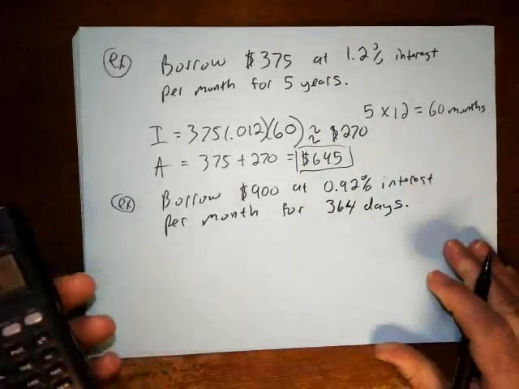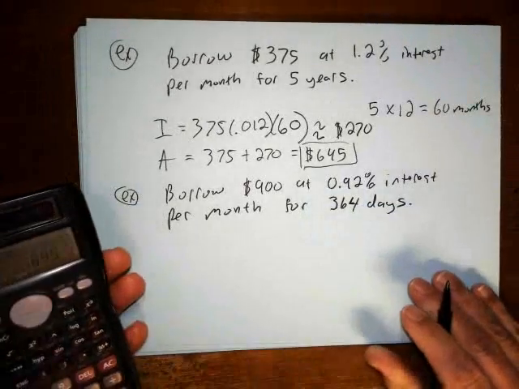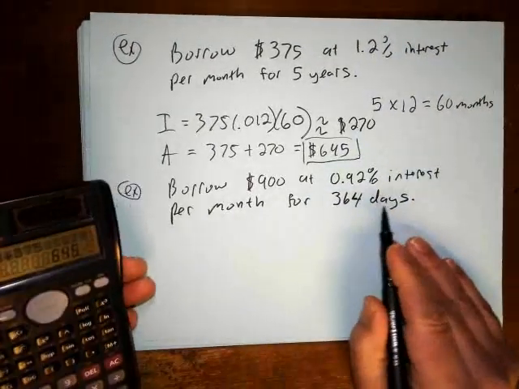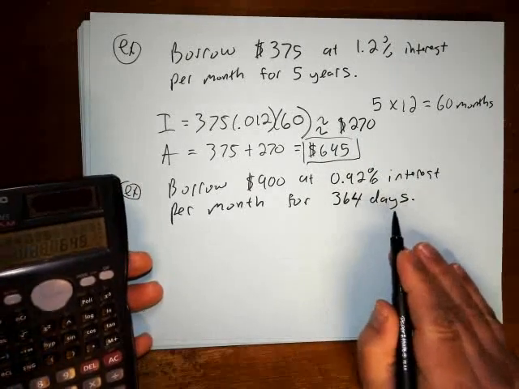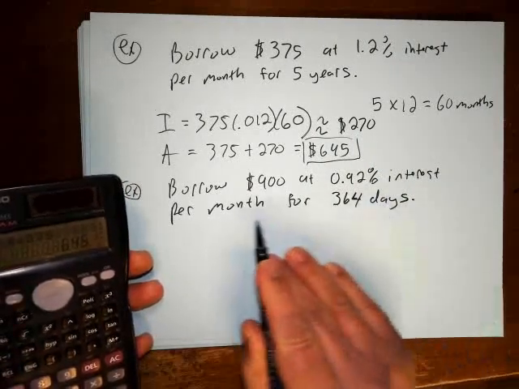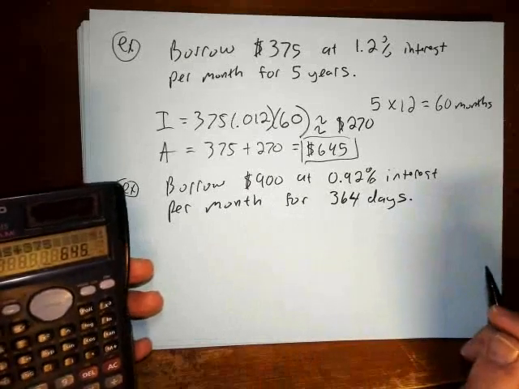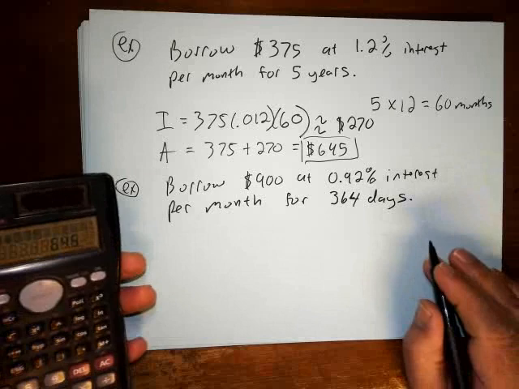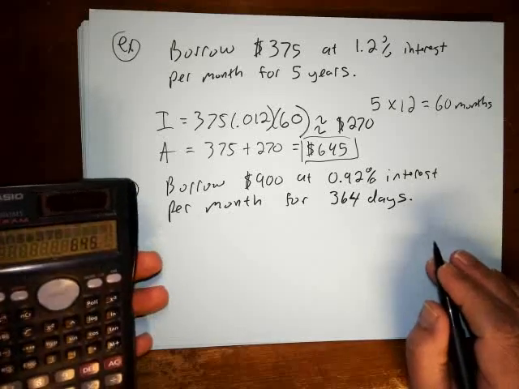Almost a year. That's what made me pause there for a minute. But that's okay, because this is interest rate per month, and this is days, and so I got to convert these days into months. Okay, and I'm going to use the banker's rule here.